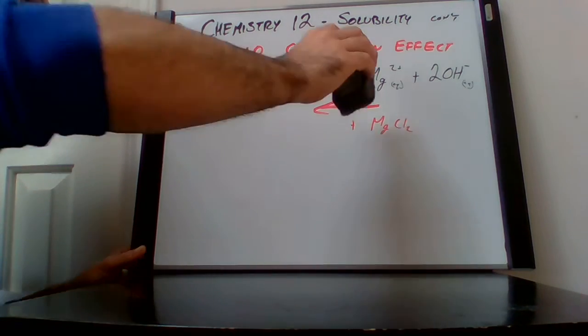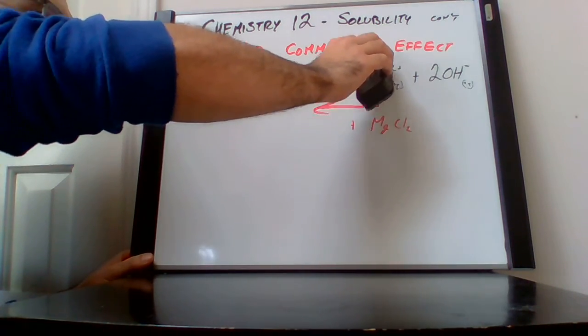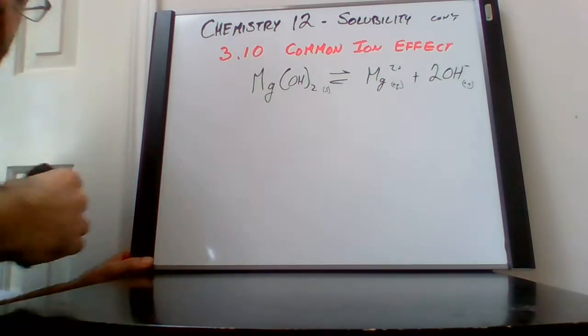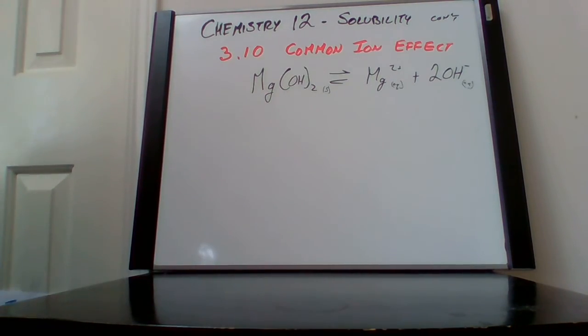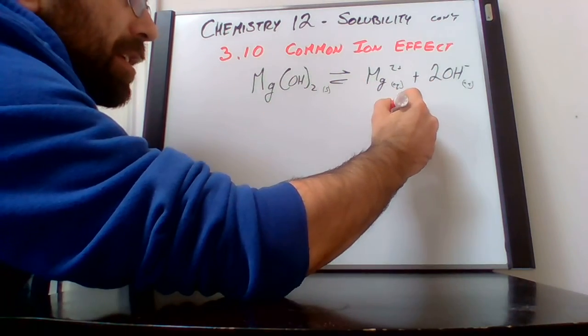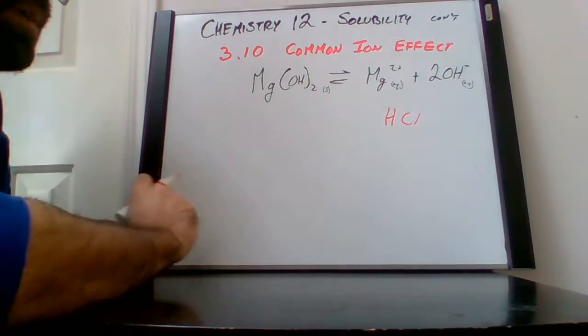Now, that will decrease the solubility by adding that common ion. However, if I add in an ion that would reduce one of these two concentrations, let's consider adding in some HCl.